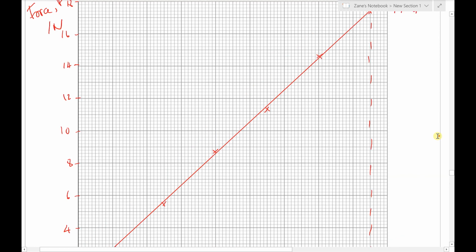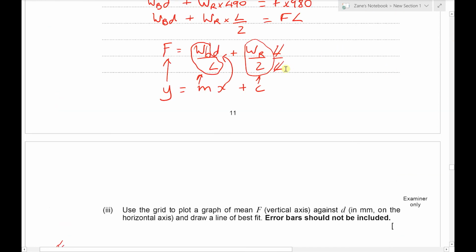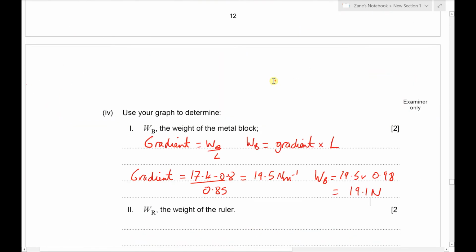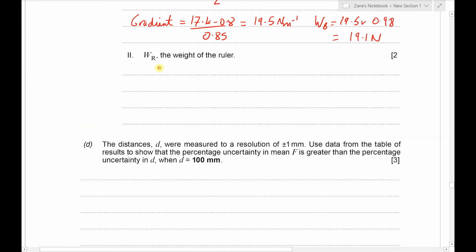Similarly, to find the weight of the ruler, we can see that the intercept is WR over 2, and the intercept is about 0.8. So WR is going to be 0.8 times 2, about 1.6 newtons.